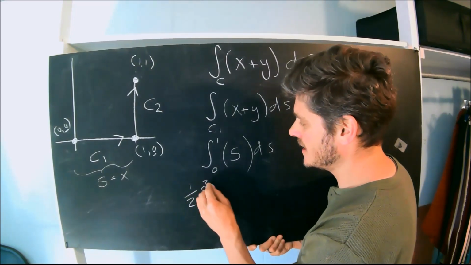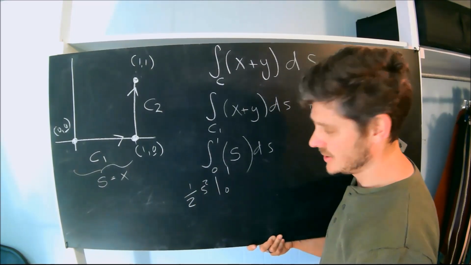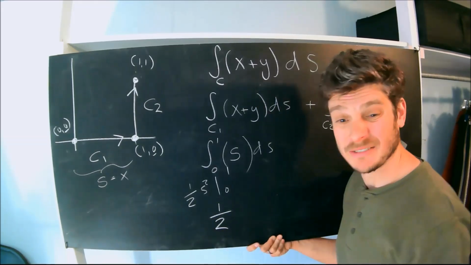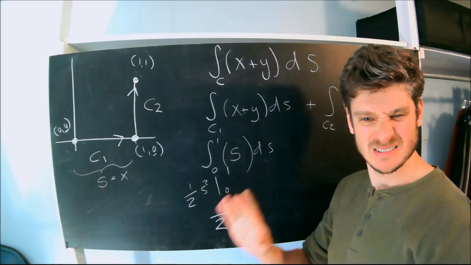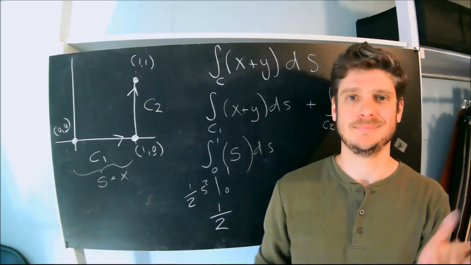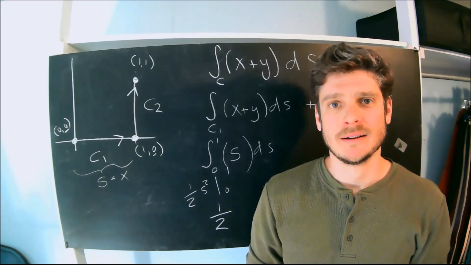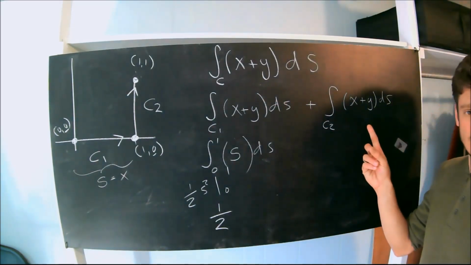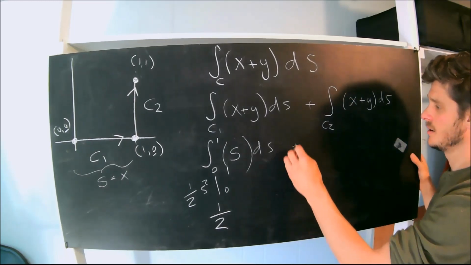So 1/2 s squared, evaluated from 0 to 1. I don't even really feel like writing that out. You know it's 1/2, right? If you need to pause and verify, but yeah. Alright. So it's 1/2. Now let's do the second part.